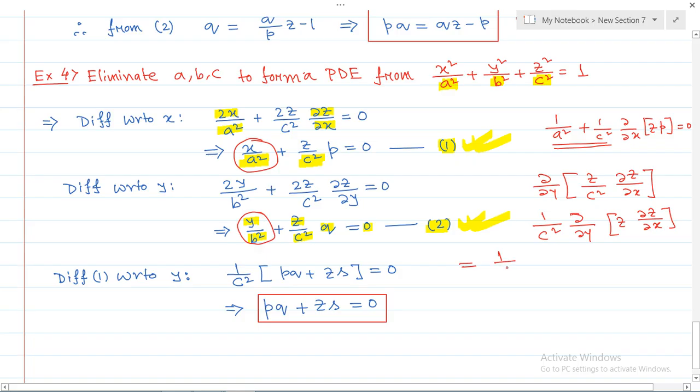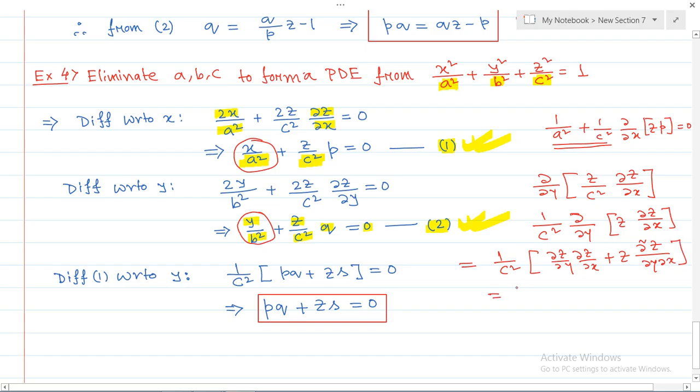So here we can write 1 by c square. First we differentiate z, so del z del y, keeping del z del x constant, that is del z del x, plus, now keeping z constant, differentiate del z del x with respect to y, so it becomes del 2z del y del x.